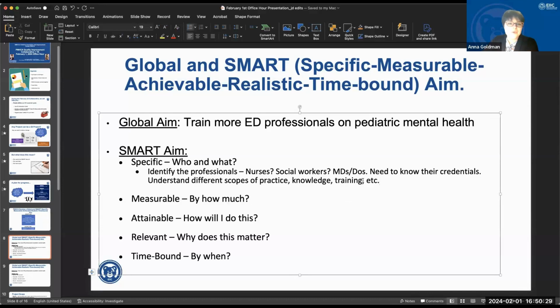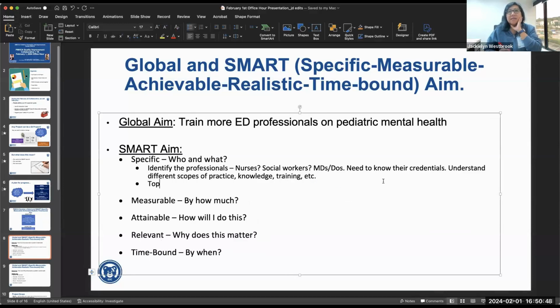Anybody else? So who and what for our goal? What is going to be probably our topic, right? I was going to say that, what specific topics they need to be trained on.